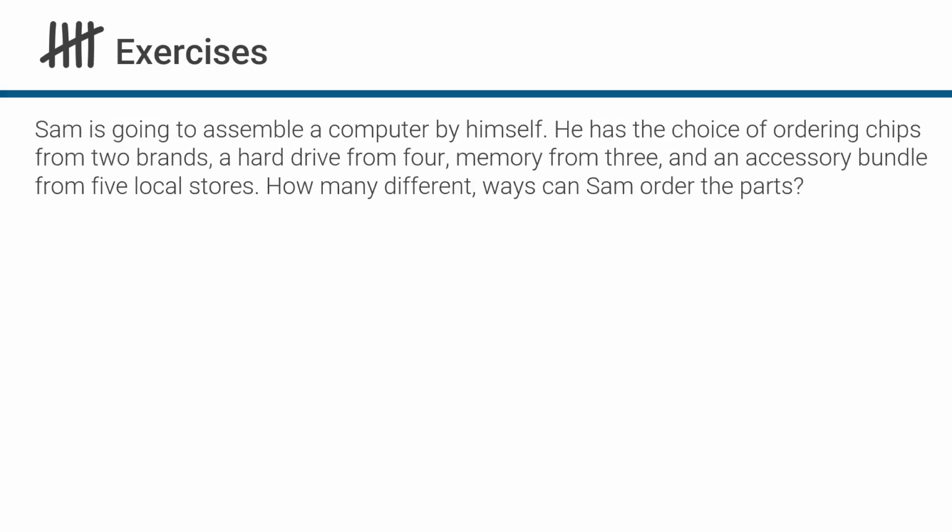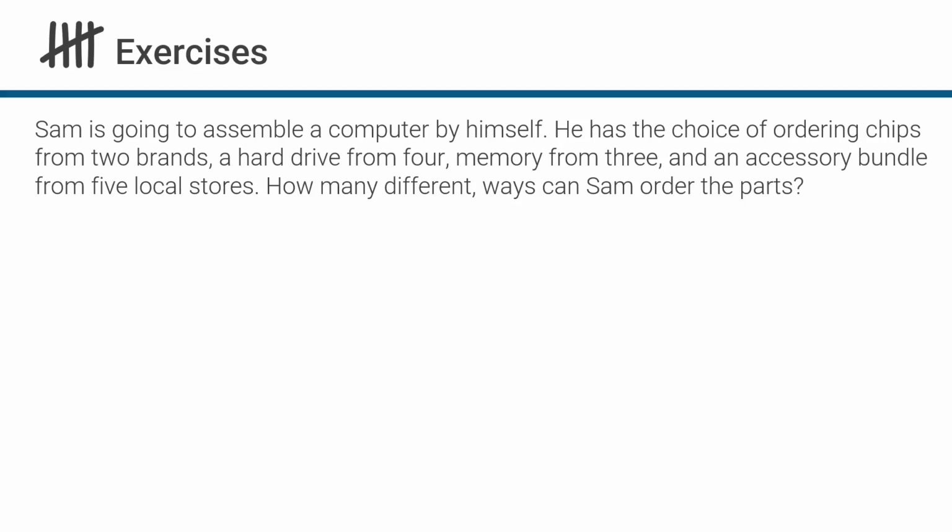Next, Sam is going to assemble a computer by himself. Those who like to do computer assembly. He has the choice of ordering chips from two brands, so maybe that's Intel and AMD. Usually those are just the two contenders.